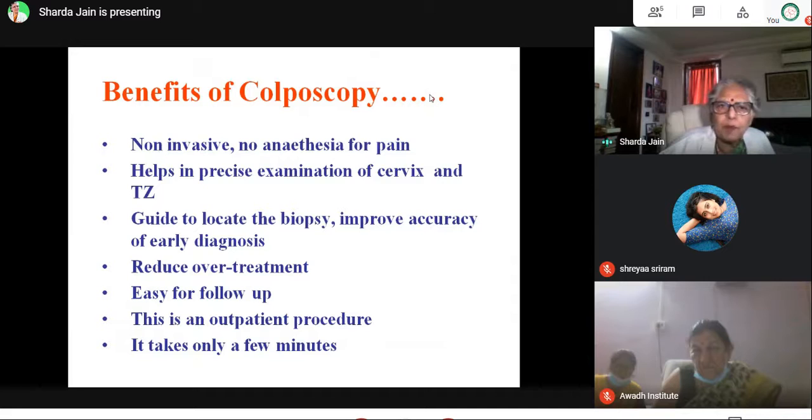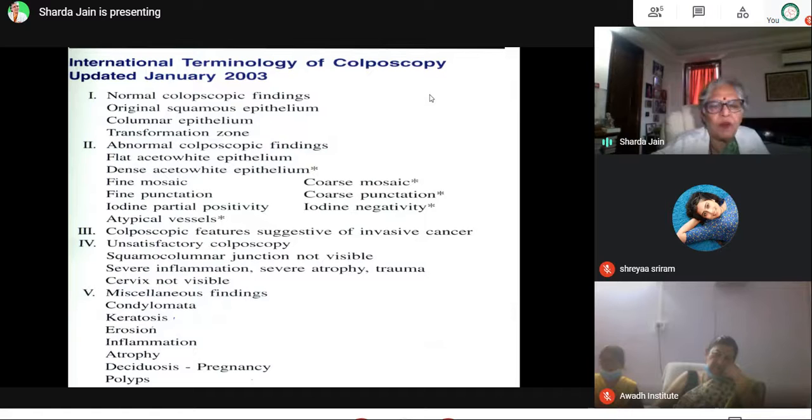It helps precisely to examine the cervix and the transformation zone, and then after staining, the doctor makes up his mind where to take the biopsy, takes the biopsy, and ensures that hemostasis is obtained. This is done as an outdoor procedure, never with anesthesia, and it takes only a few minutes. You need to involve your patients when you are doing a colposcopy by showing the picture, so she also gets involved in the decision making.